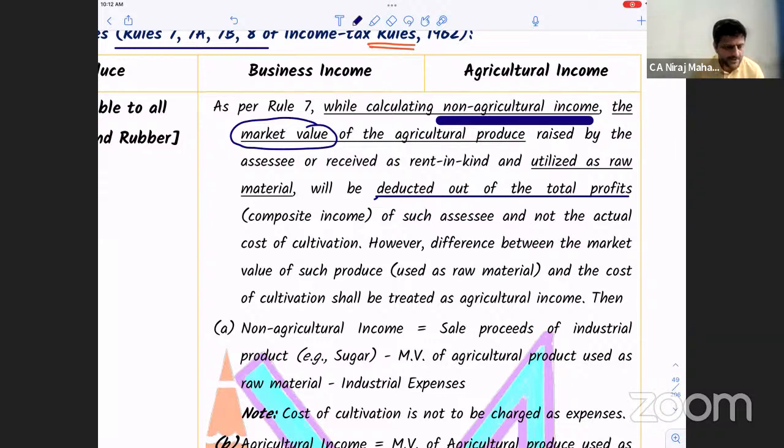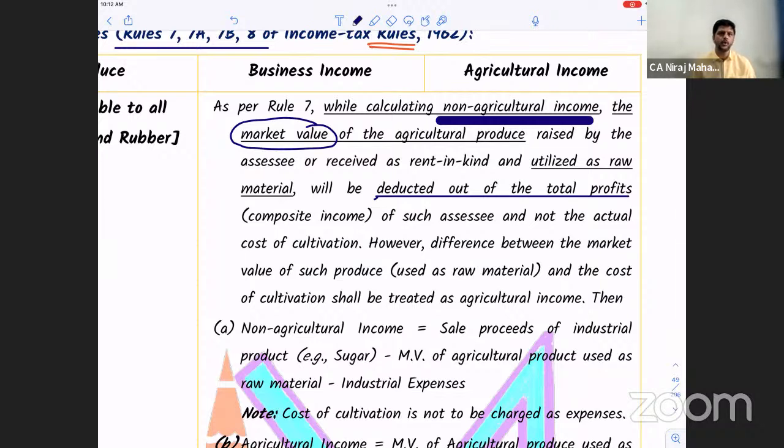That is composite income. Composite means mixture. So it will be deducted from total profit, mixed profit, meaning agri and non-agri, basically my entire profits.